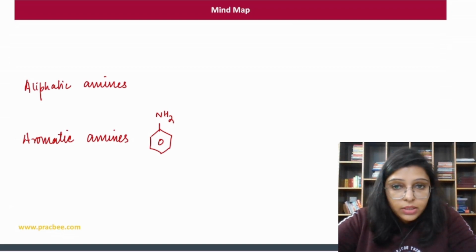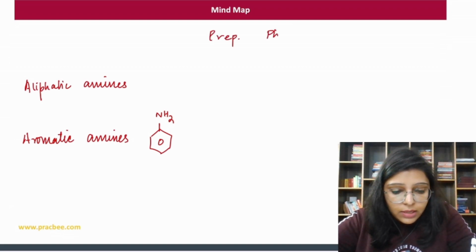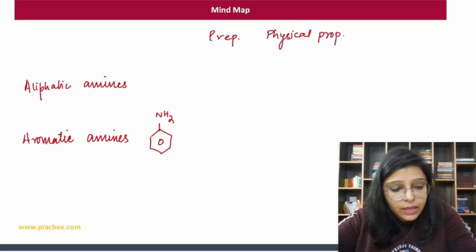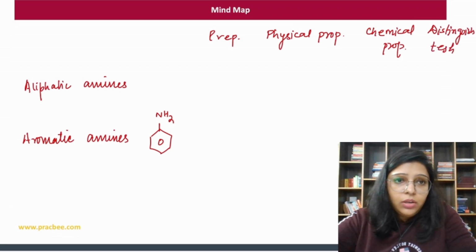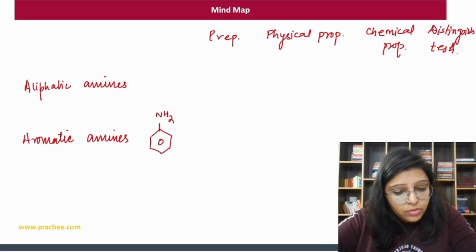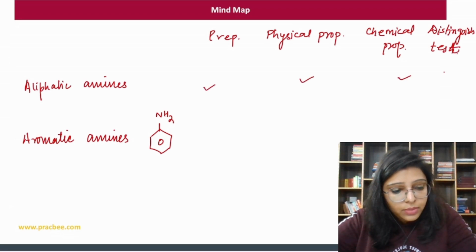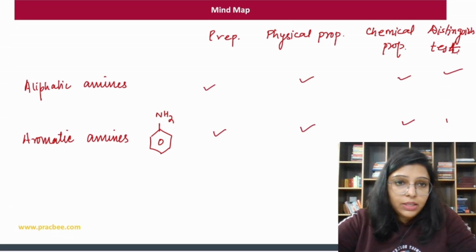With respect to aliphatic and aromatic amines, you should know the basic preparation methods, physical properties, and chemical properties. Then we have some distinguishing tests also, which are an important part, and we have to do them for aliphatic amines and even for aromatic amines.